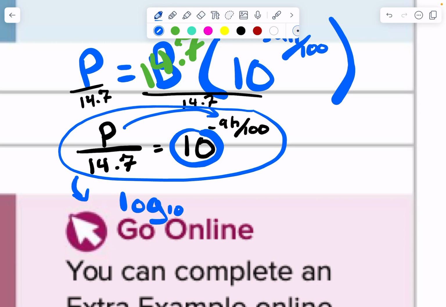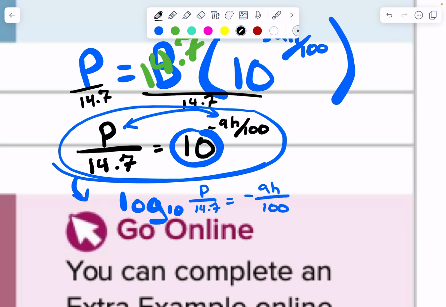These two pieces are going to switch places. So log base 10 of P over 14.7 equals negative 9h over 100. Okay, that's how he works. So I switched him from an exponential function to a log function. Log base 10 of that stuff equals negative 9h over 100.